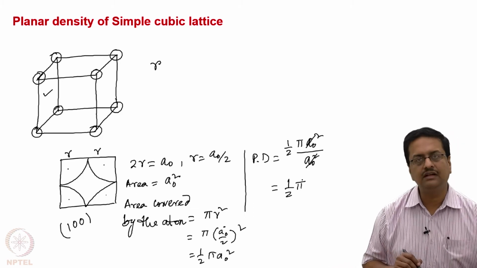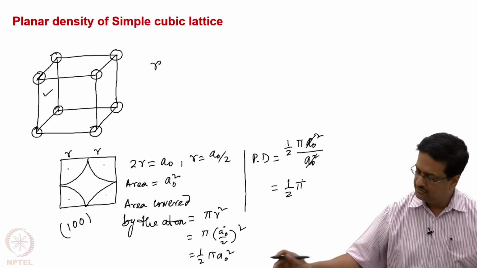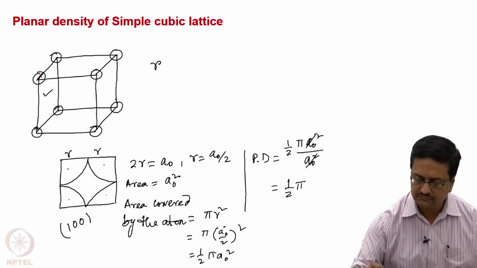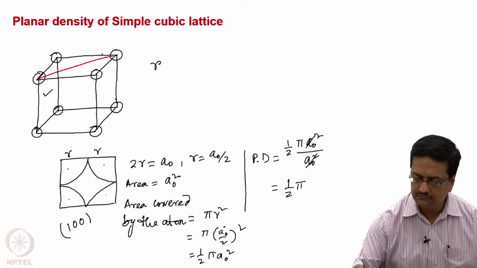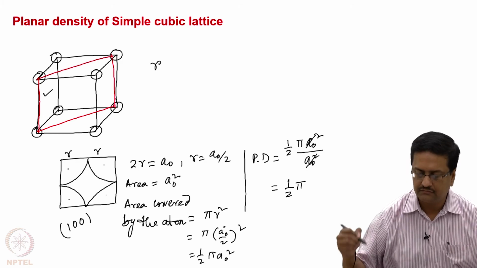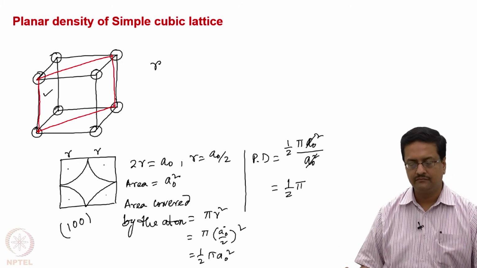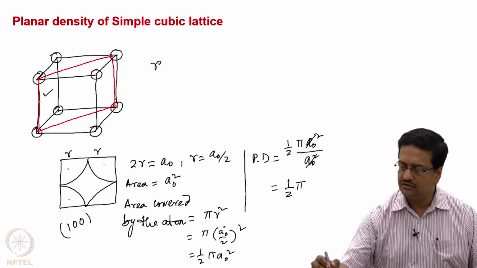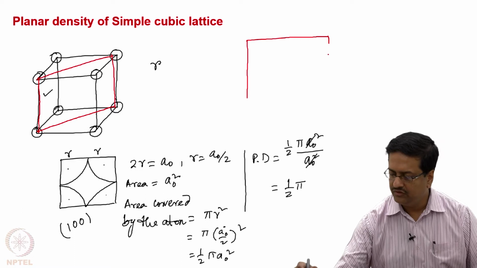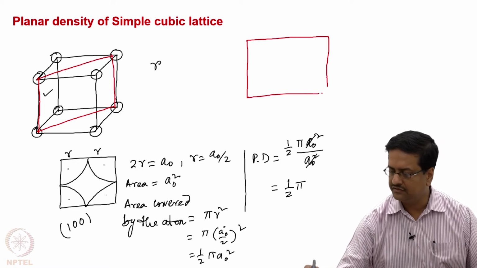So now if I want you to determine the planar density of the 1, 1, 0 plane, how should we do that? We first should draw the 1, 1, 0 plane with the atoms placed on that.